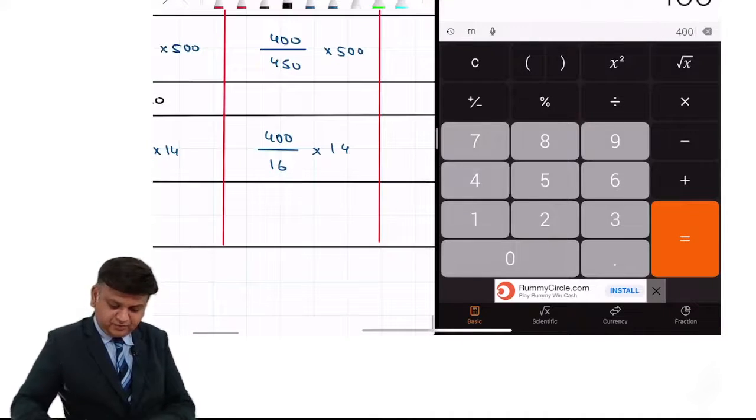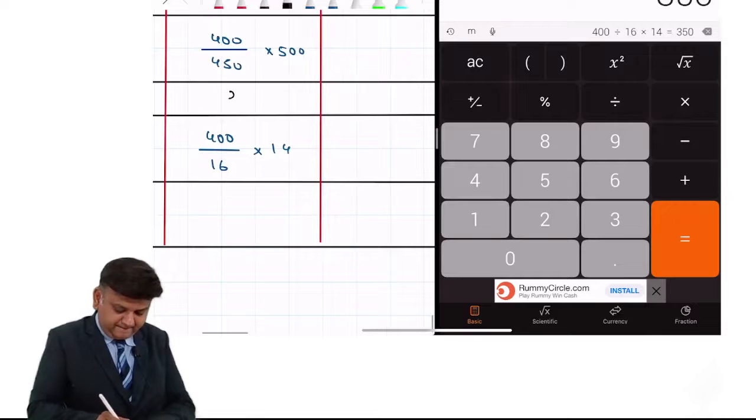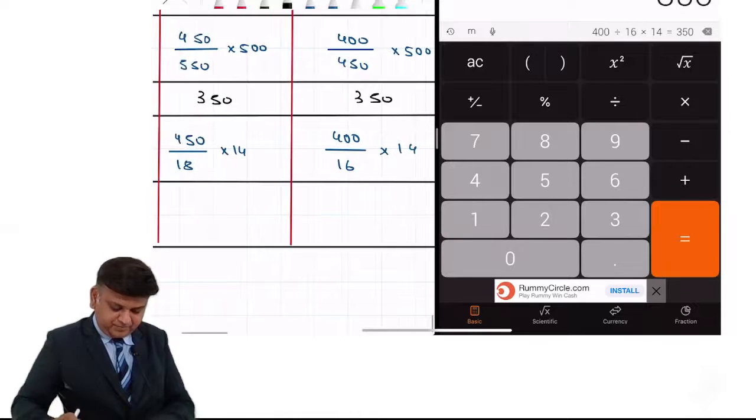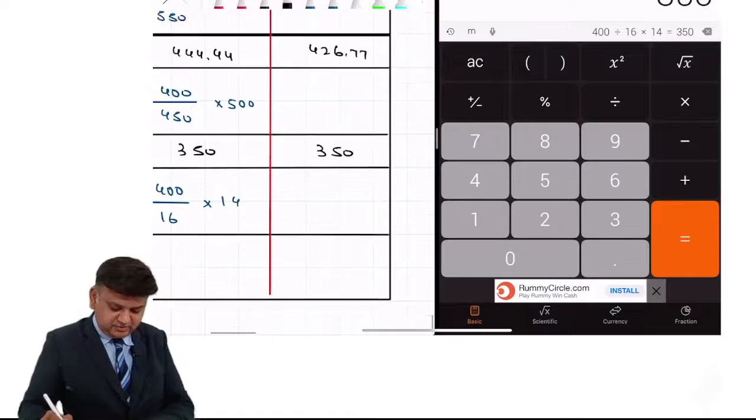Next, 400 upon 16 into 14, that comes to 350. So 350 plus 350 divided by 2, that comes to 350 once again.